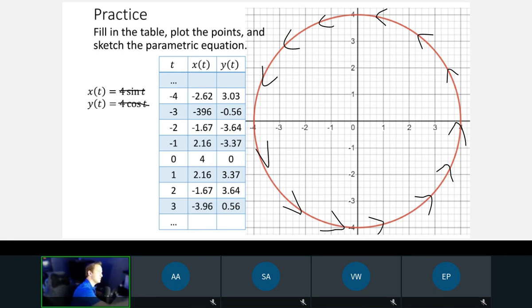So this first one should be 4 cosine t, and this one should be 4 sine t. Look, I fixed my mistake. And now the table of values is wrong. So all the work that all of you just did on your own paper is wrong. Sorry.